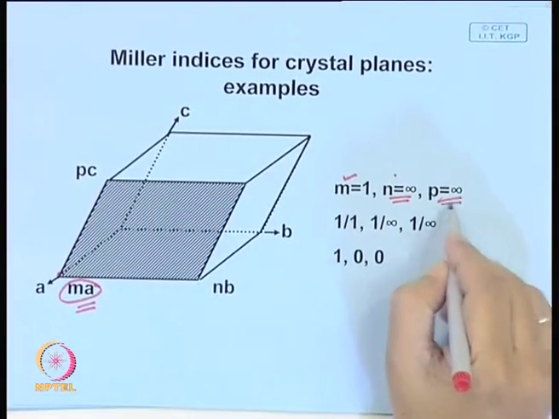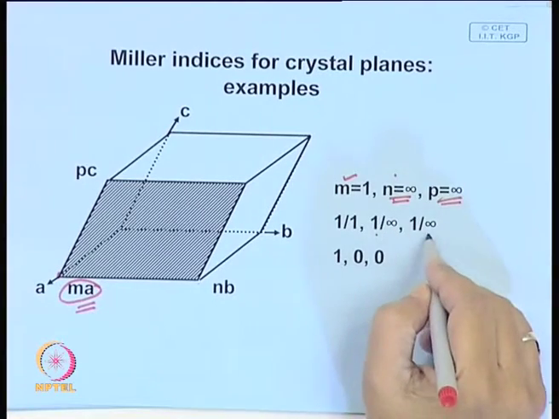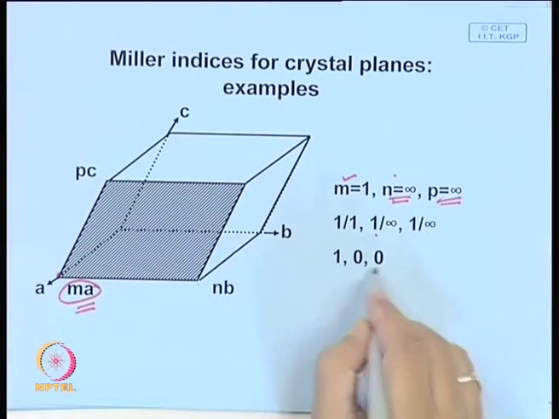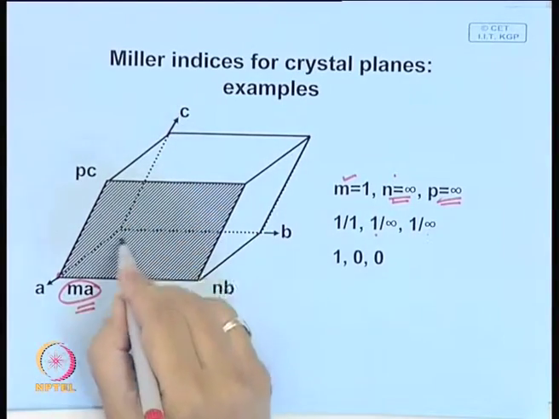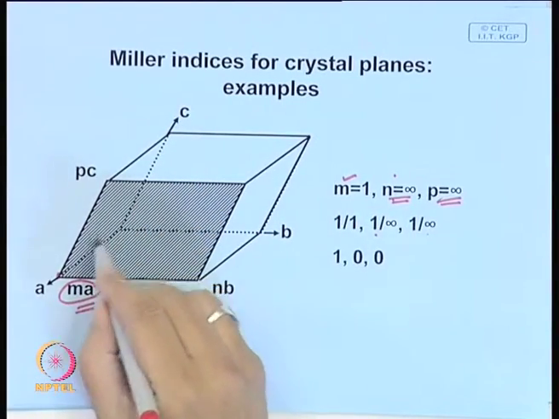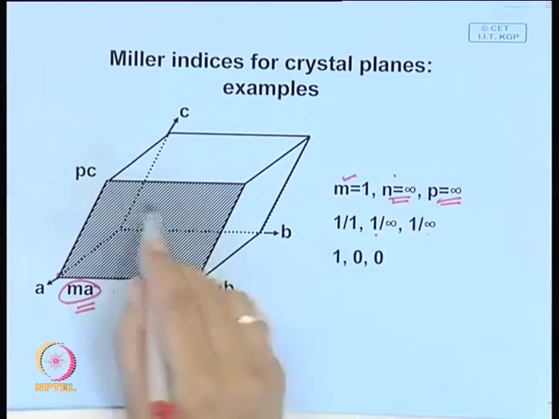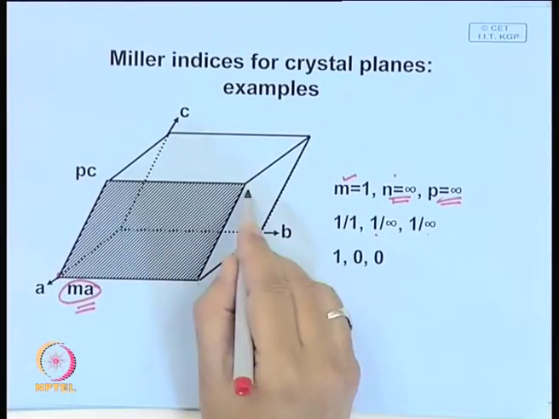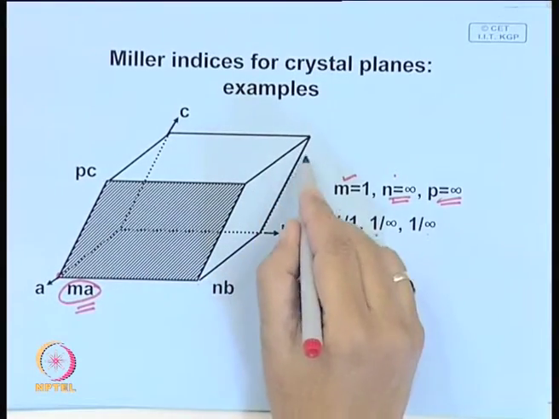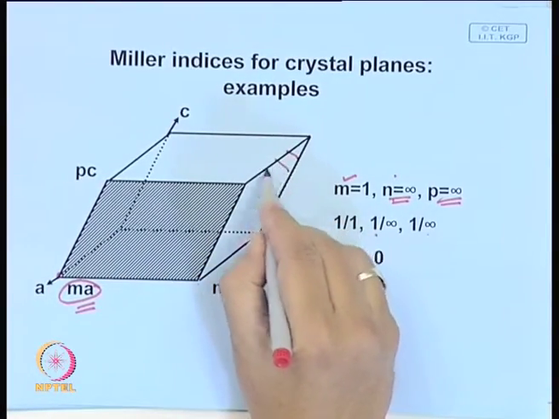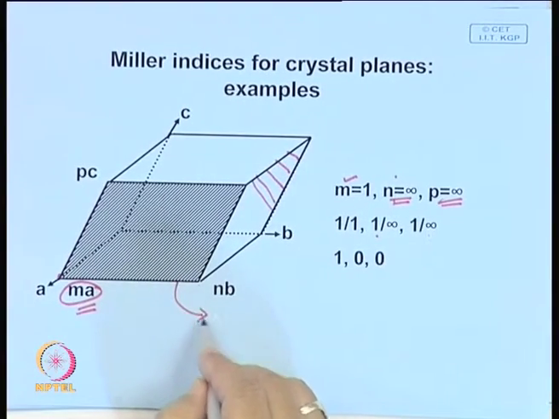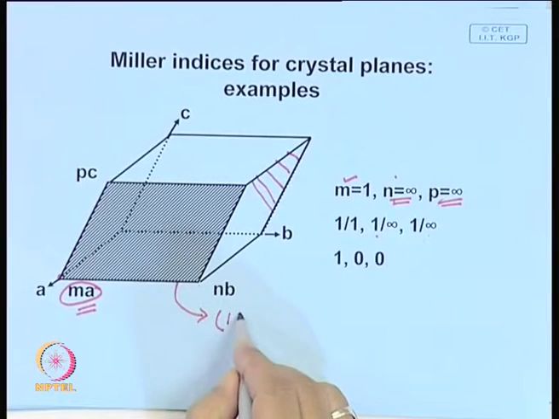So, p is infinity. So, the reciprocal of that is this, so this is 1, 0, 0. Now, this is not a cubic crystal, so this particular plane is not the same as this plane. So, we say that the Miller indices are 1, 0, 0.